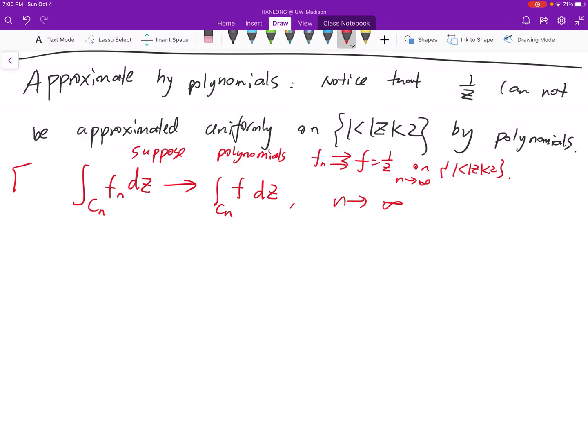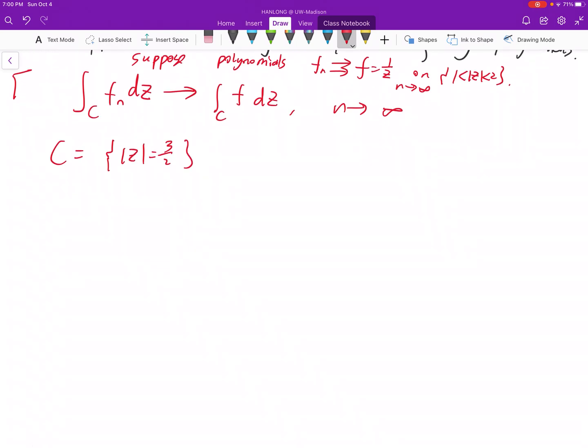Here let me denote C as |z| equals, for example, 3/2. Then you have a problem. Because fn is a polynomial, its integral is 0, but this one is 2 pi i by the residue theorem. You cannot have this convergence.